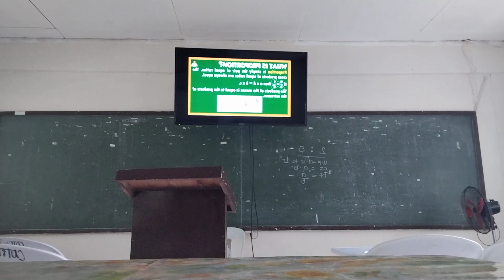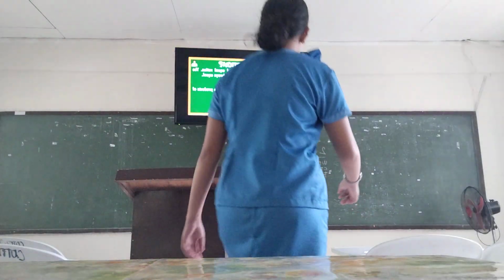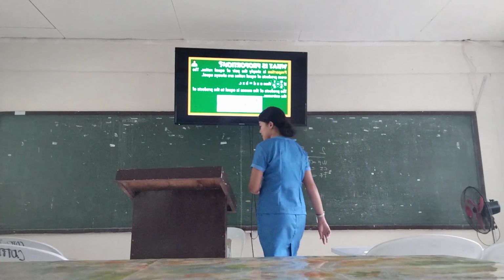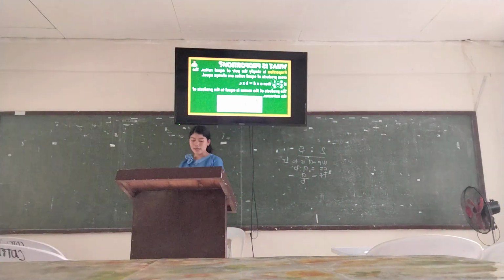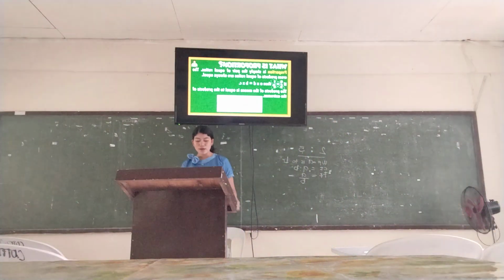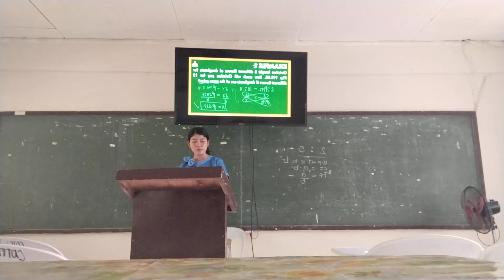The cross products of equal ratios are always equal. So if A over B is equal to C over D, then A times D is equal to B times C. We have here an example so you can understand.